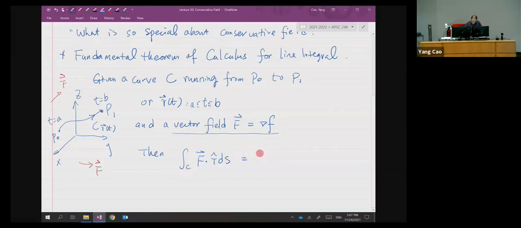It's equivalent to write it as the integral over C of F dot dr. If you recall that formula from the previous lecture, it's equivalent to write it as F dot dr over dt, then dt. All of these writings are descriptions of the vector line integral. It's all the same thing.